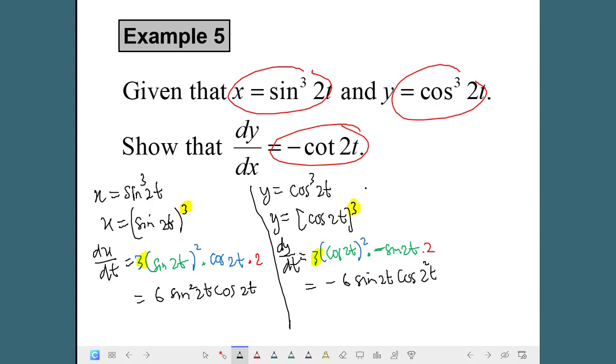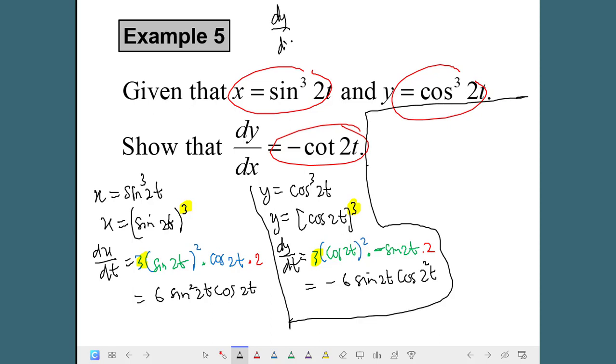Okay, now we're going to find dy/dx: dy/dt times dt/dx, or dy/dt over dx/dt. So now going to find dy/dx.